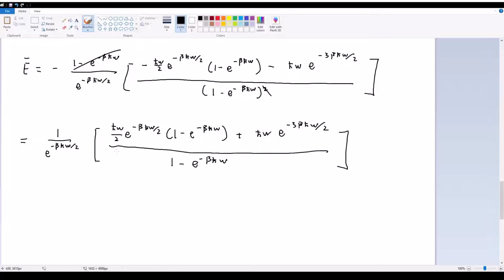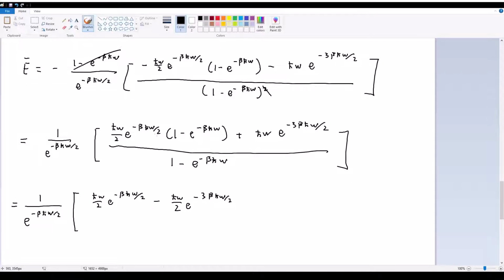Okay, now let's do a little bit of distributive. So this is going to be 1 over e to the negative beta h bar omega over 2 multiplied by h bar omega over 2 e to the negative beta h bar omega over 2. That's multiplied by 1, that's fine, and then subtracted by h bar omega over 2 e to the power of negative 3 beta h bar omega over 2.